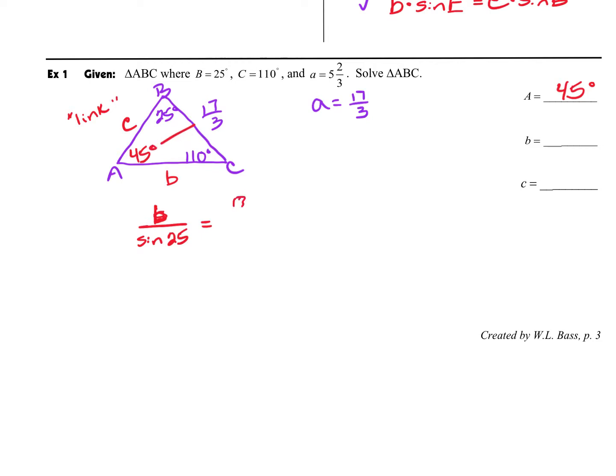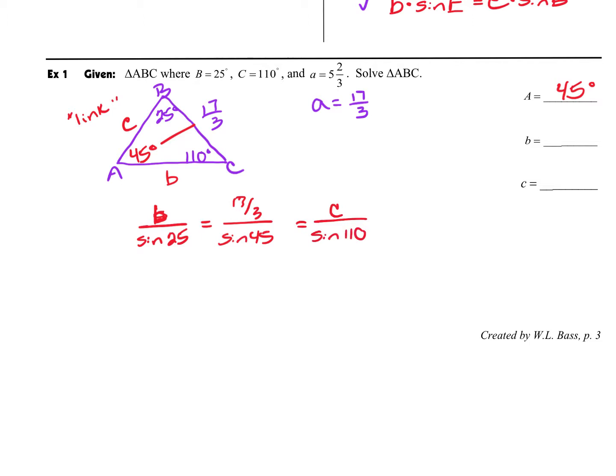And again, we're just going to write this as 17/3 and the sine of 45. And of course, that also equals C divided by the sine of 110. So I can continue. And notice I'm writing all three ratios, and that's totally fine. And the sine of 110.